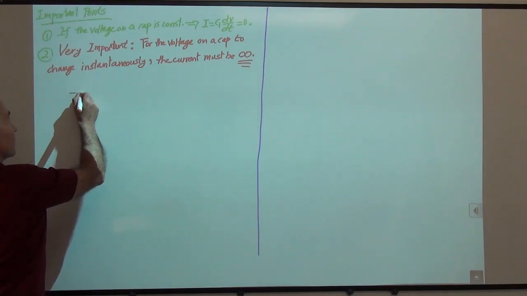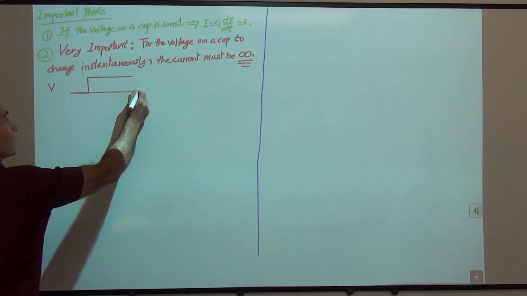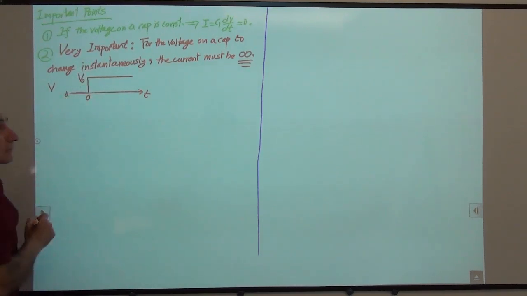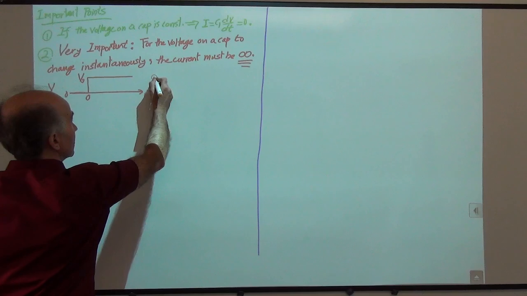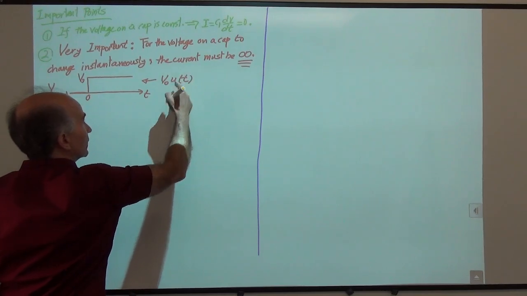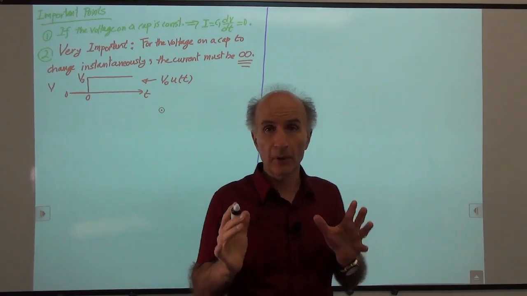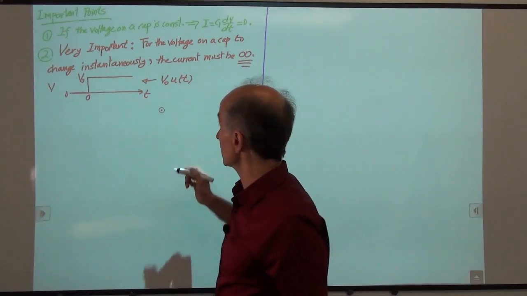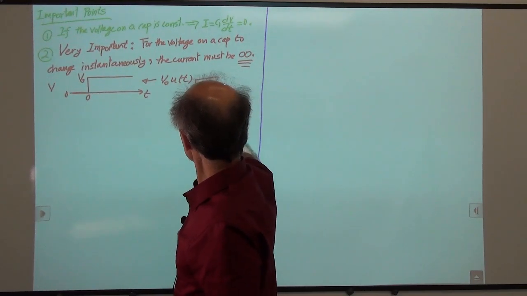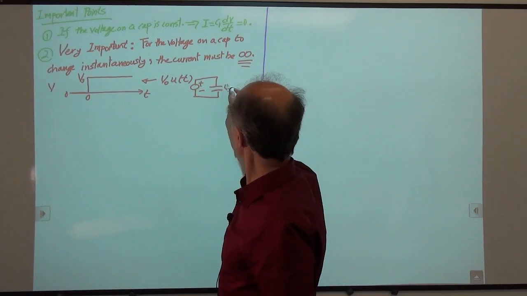So if I have a voltage that looks like this, so this is V as a function of time, at time zero it jumps from 0 to V0, right? We know that this can be written as V0 U of t. U of t is the unit step. Okay, so we have that. Now, if I apply this type of voltage across a capacitor, so imagine I have a voltage source, and the voltage source has this behavior, and then it's applied across a capacitor, C1.